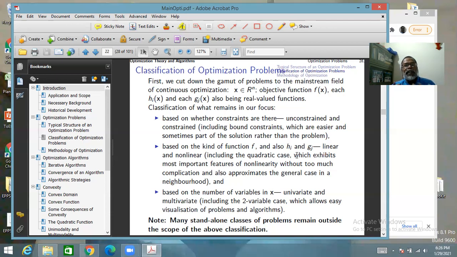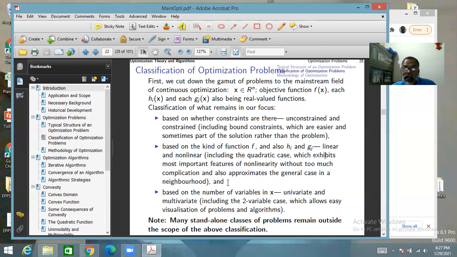And that is why a quadratic case will typically approximate a general nonlinear problem in close neighborhoods. And that is an advantage. So that is why the quadratic case we study with high emphasis.